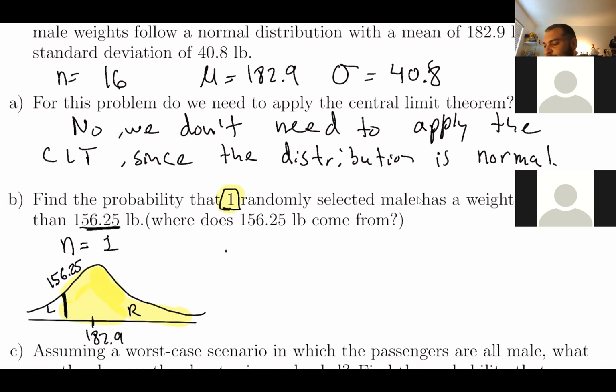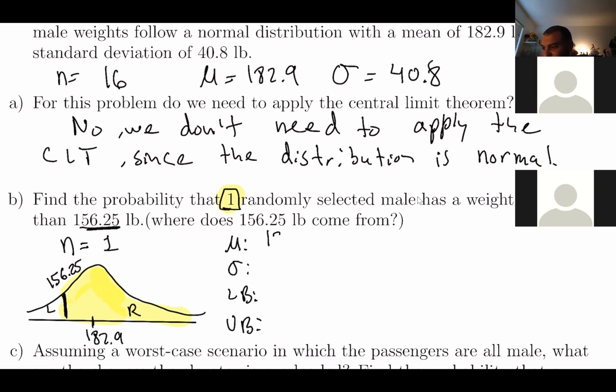So up next, we're going to find what mu is, what sigma is, what the lower bound is, and lastly, what the upper bound is. So for mu, what's our average? 182.9.